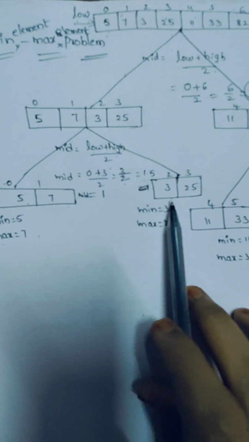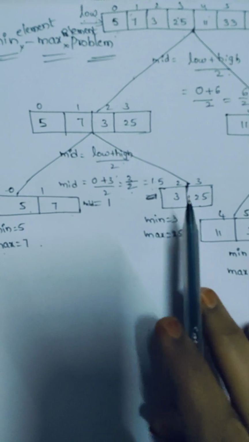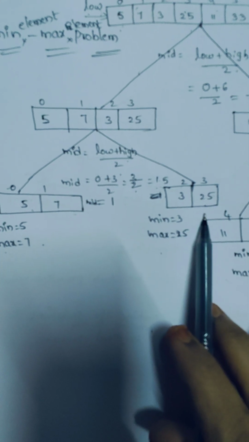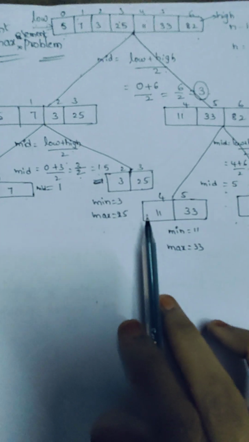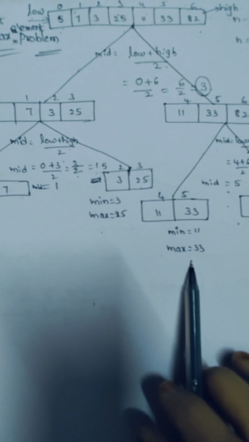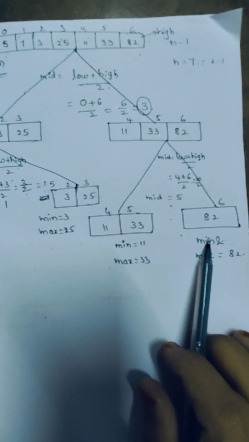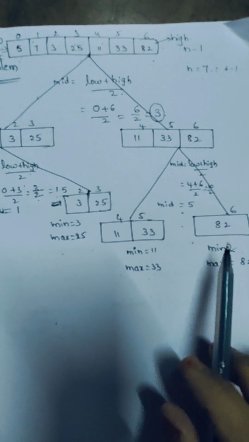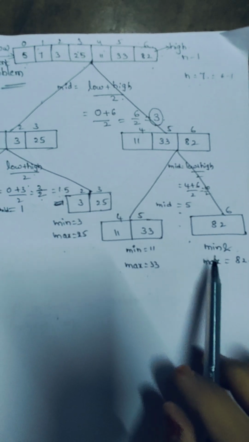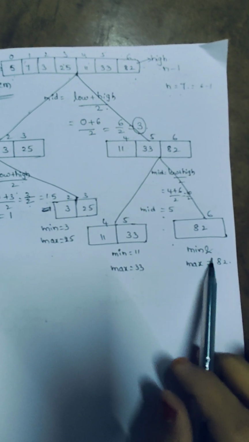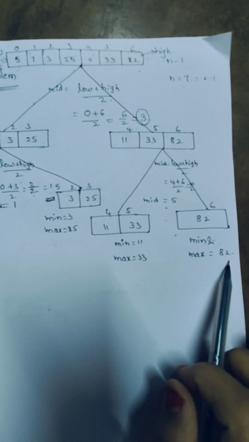Likewise in the second array we have 3 and 25. The minimum element is 3 and the maximum element is 25. In a similar way, min equal to 11 and max equal to 33 here. And the last array has only one element, so that one becomes the min element and also the max element. That's why here I wrote min and max element as 82.